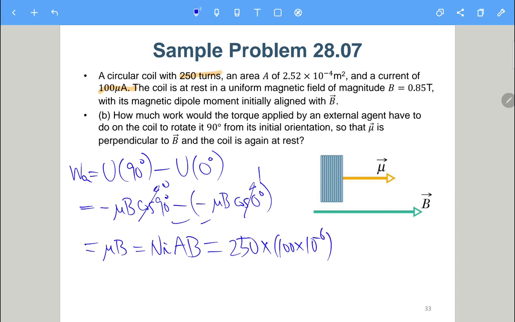Next, A is here, 2.52 times 10 to the minus 4, times this one, 0.85. So finally it will be 5.36 microjoules.